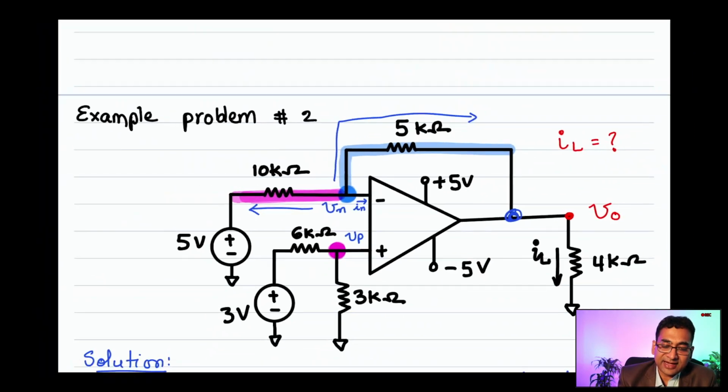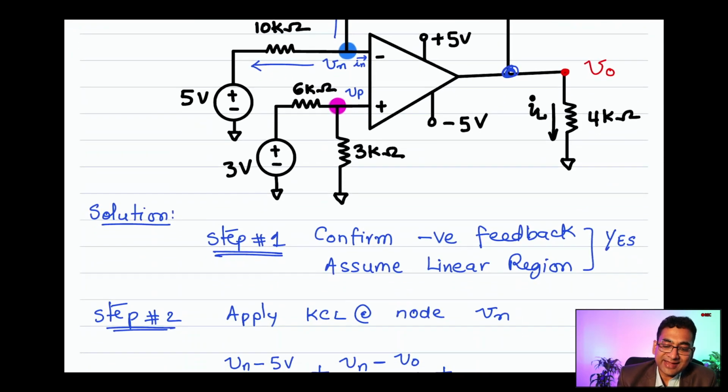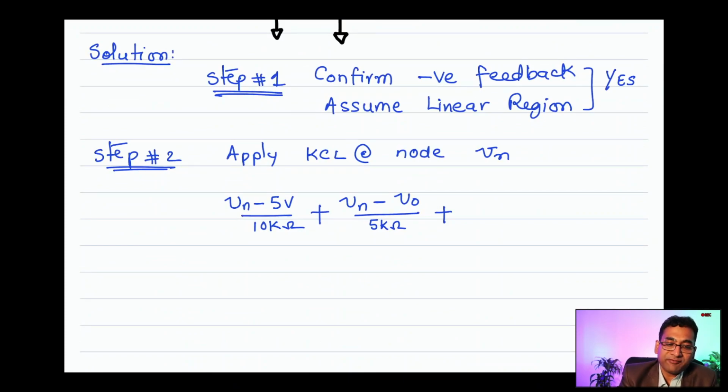There are 3 branches, we are adding all the branch currents. Let me clean this up a little bit. There you go. So, writing KCL at node Vn, I have 3 branches, and the sum of those branch currents leaving that node is 0. That's step number 2.